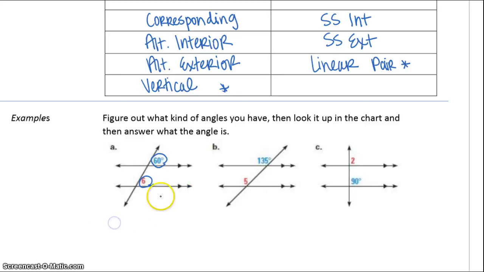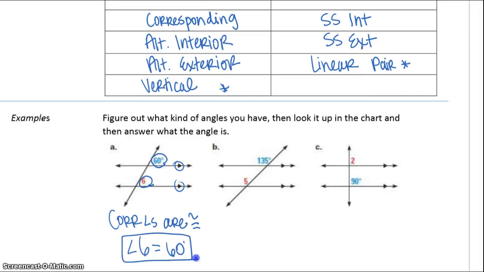So remember when that happens, what angle we're trying to look for. Look, upper right. So both of these guys are corresponding. And in our chart, corresponding angles are congruent. Okay, and I know these are parallel because they have the little markings here. So corresponding angles are congruent. So that means angle 6 equals 60 degrees. There you go.